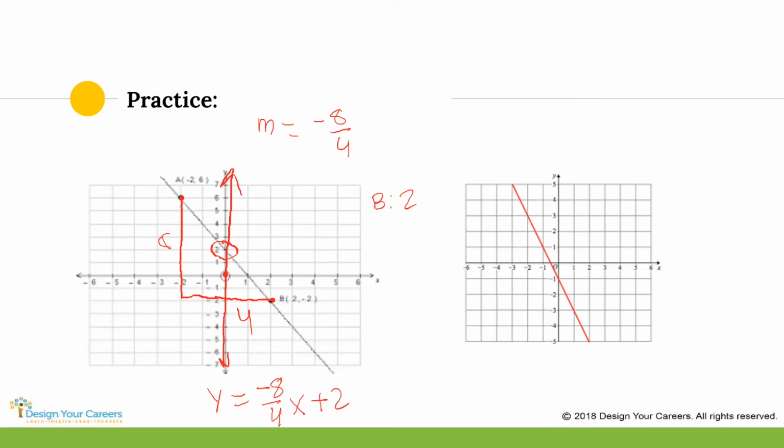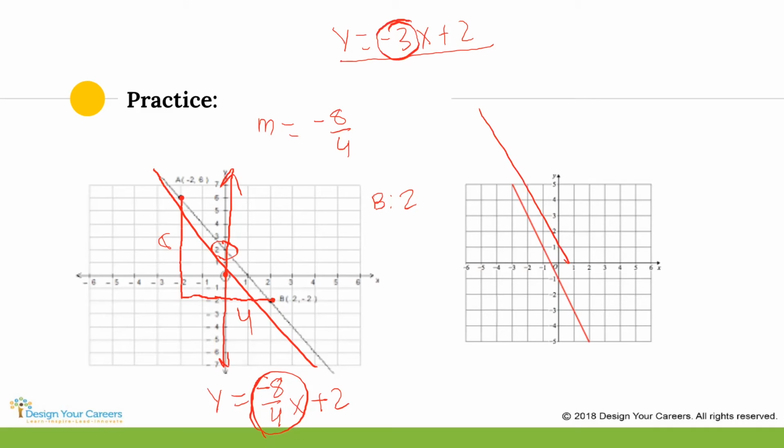Something you should already be noticing by this time is that any time we have a negative slope, that's when our line is going down. So if I give you the equation y is equal to negative 3x plus 2, you should already know that this line is going to go down when you're looking at it from left to right, just from this negative slope right over here.